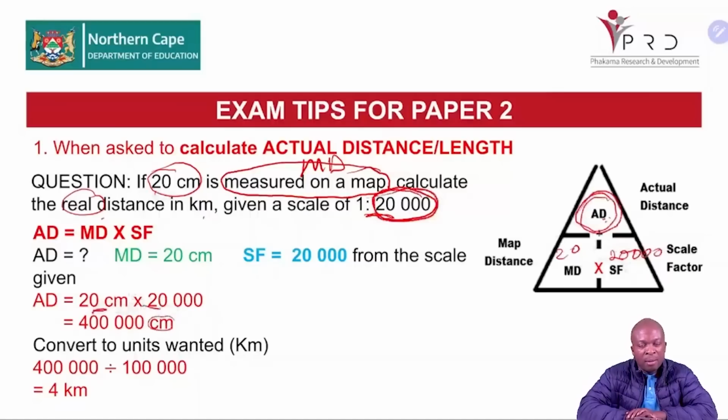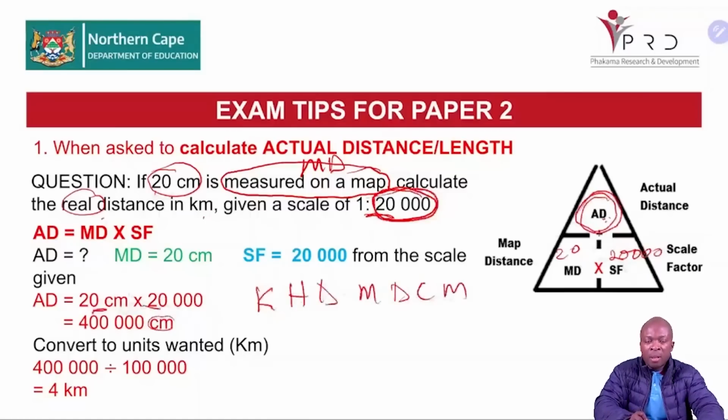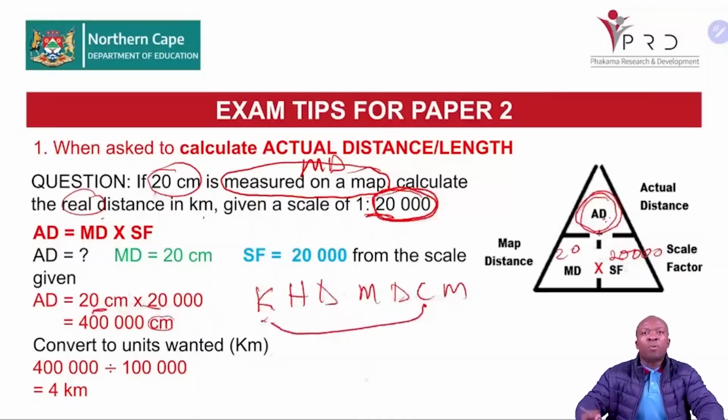Then from there, you will be able to convert it from centimeters to kilometers. Another way that will help you, you don't forget to write your kilometers: King Henry died miserable death called measles. So this is kilometers, and this is centimeters. Going backwards here, you will divide.